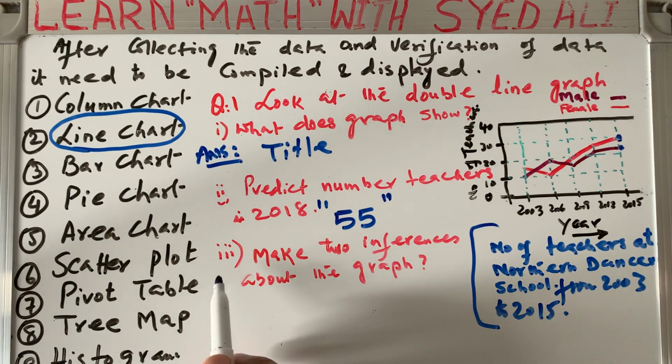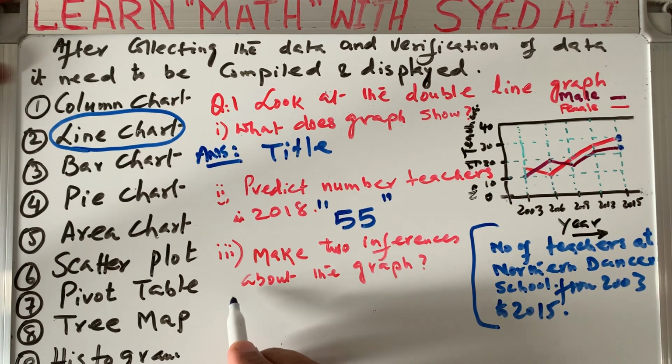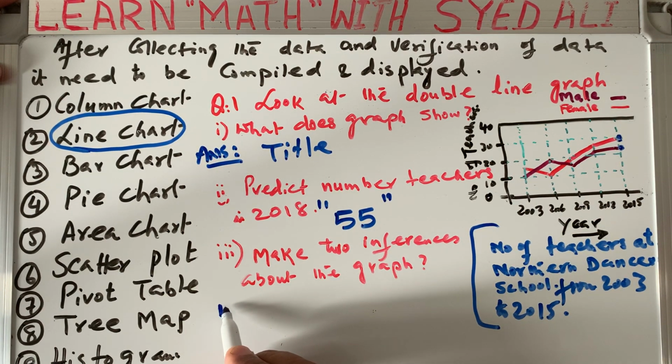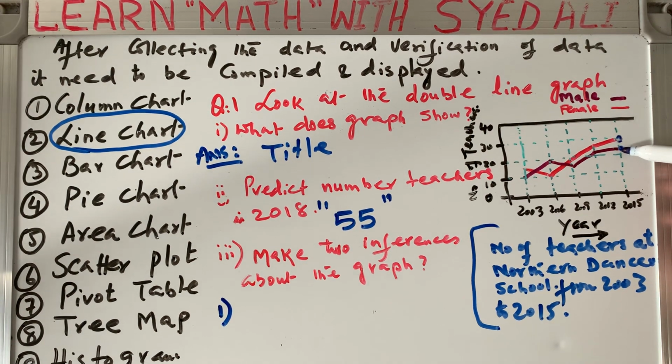Now, part 3: make 2 inferences about the graph. What can you say by seeing this graph? Inference number 1: you can say there are more female teachers in 2015. You can see here that female teachers, in red, are more than male teachers.